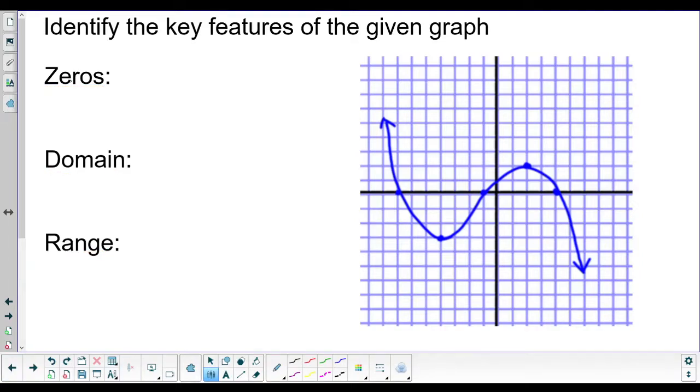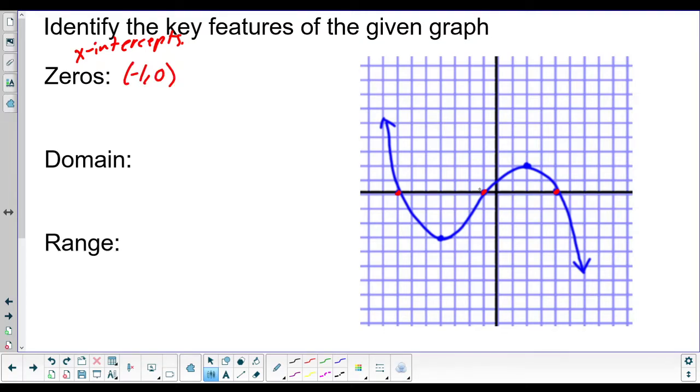The zeros, these are the same thing as x-intercepts. So we're just looking for where does it touch the x-axis. So it's right here, and right here. So we have -1, 0.